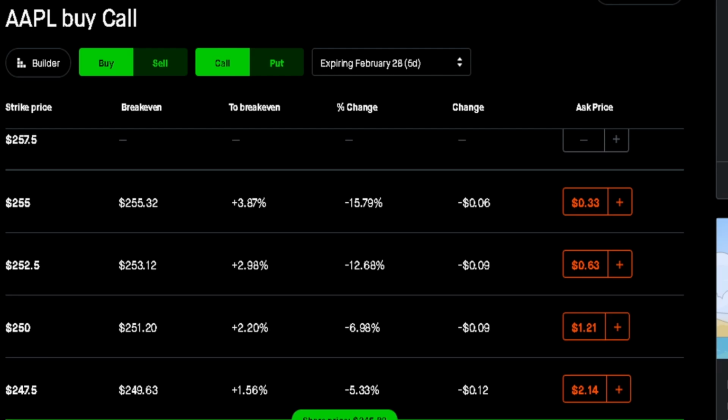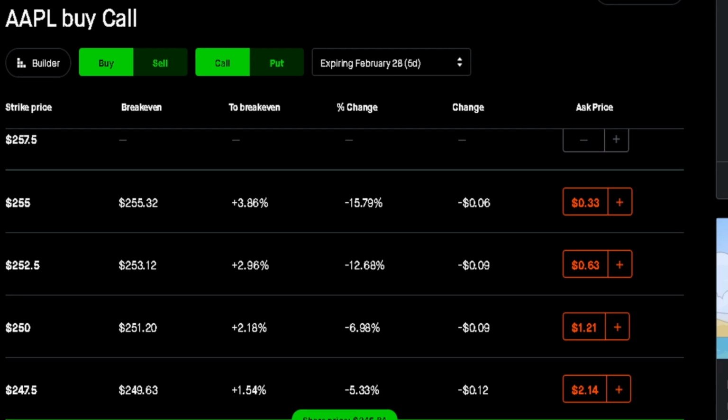That's basically when you do not have the money in your account to purchase 100 shares if you sell a put, or if you don't have 100 shares to sell if you sell a call. Never do that. You will at some point lose, and you will lose big, because there's an unlimited amount of money you can lose that way.